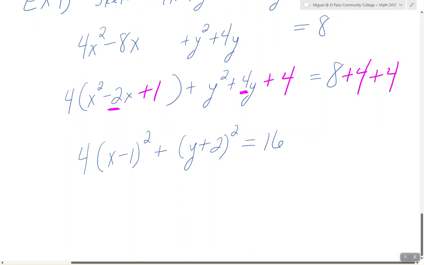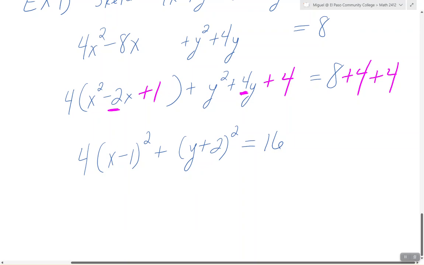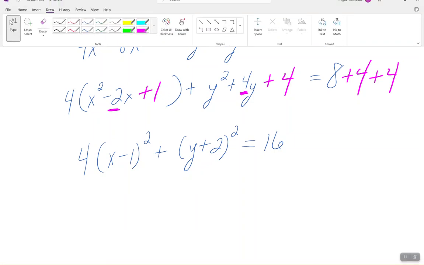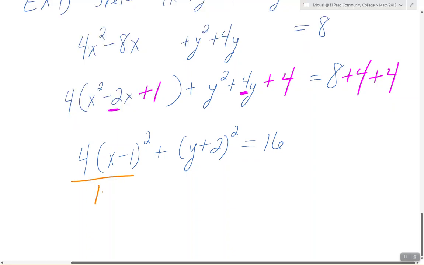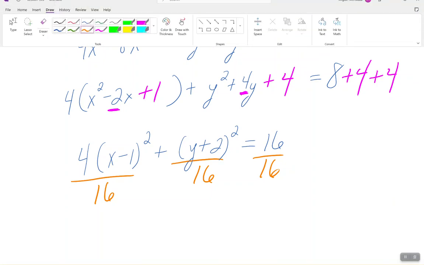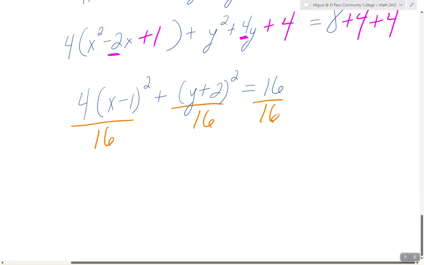And next step, we're getting closer to that standard form, so now we just need the 1 on the right side. So we will divide everything by 16. And reduce as we go.